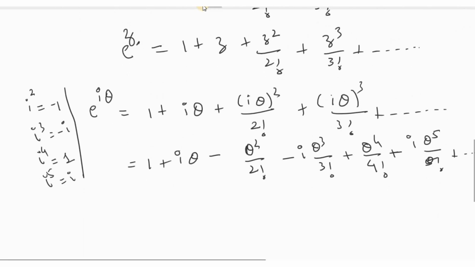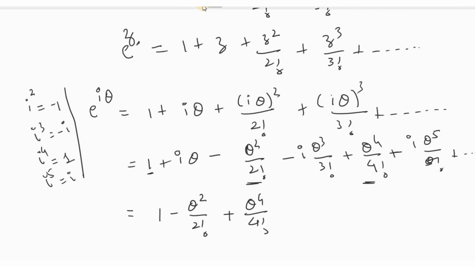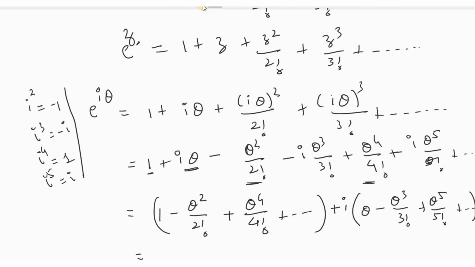If you common out the real parts, that is the terms without i, that will give you 1 minus theta square upon 2 factorial plus theta power 4 upon 4 factorial and so on, plus i times the coefficients of i, which will be theta minus theta cube upon 3 factorial plus theta raised to 5 upon 5 factorial and so on. You can observe that this is nothing but the Maclaurin series for cos theta, plus i, and this will be the Maclaurin series for sin theta.